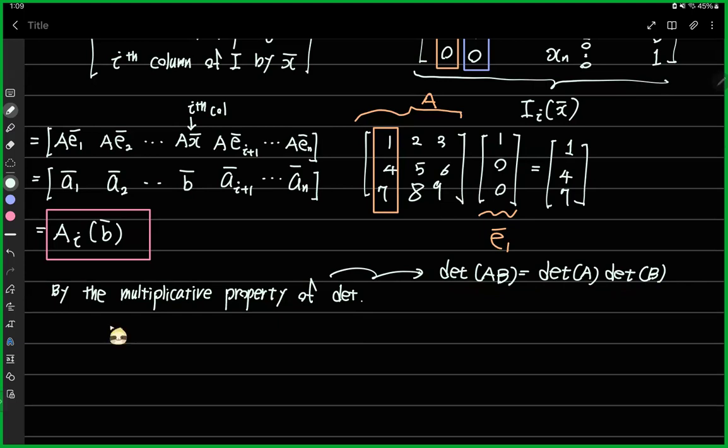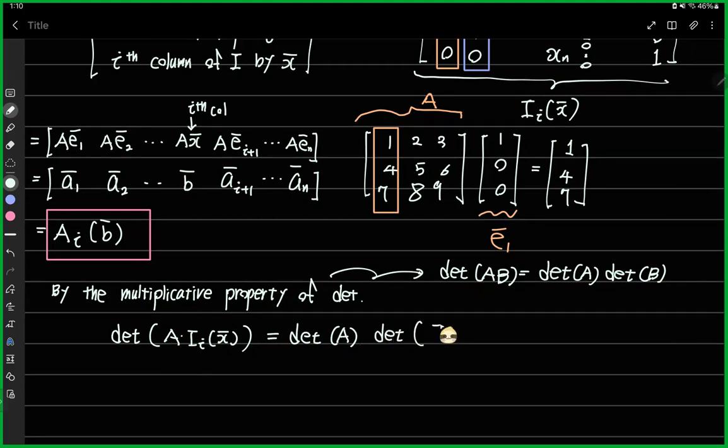So using this, the determinant of A sub I of B, which is equal to A times the identity matrix I sub I of x, is equal to the determinant of A times the determinant of I sub I of x. And this is equal to the determinant of A sub I of B.